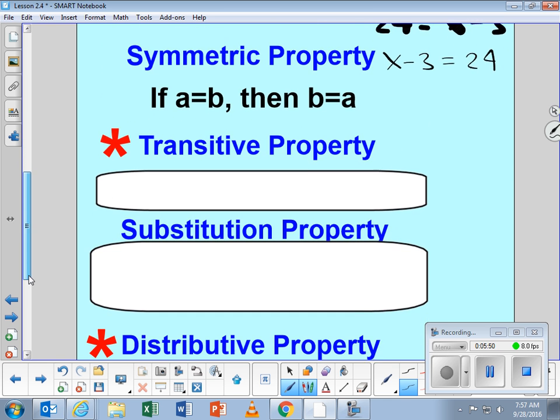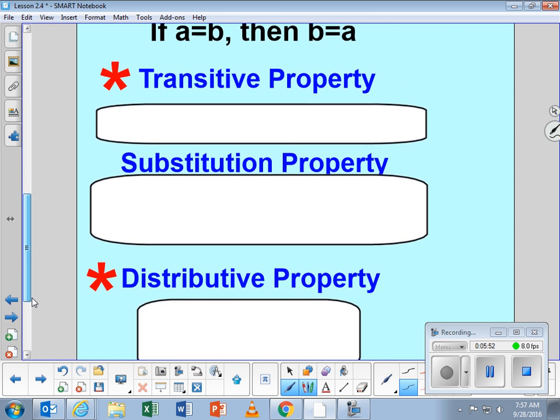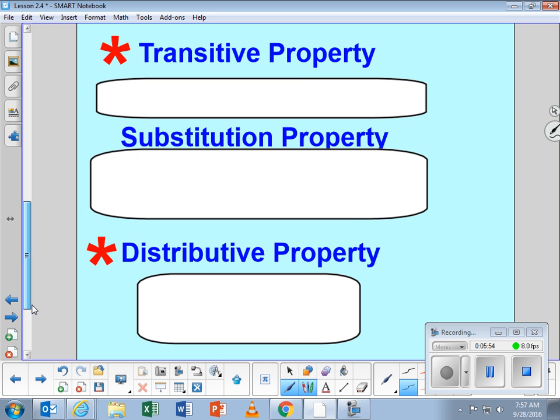Transitive property. Have you heard that before? When did I talk about transitive property? Not very long ago. Harley, join us. When did I talk about the transitive property? What law were we talking about?